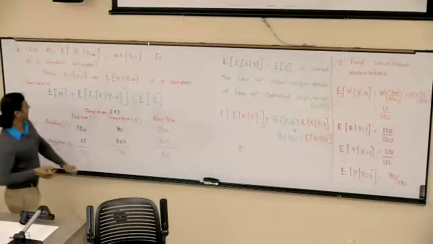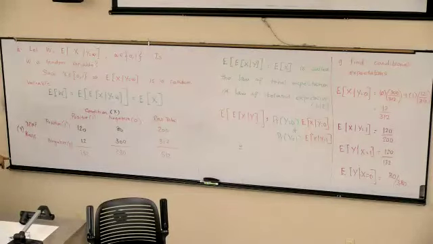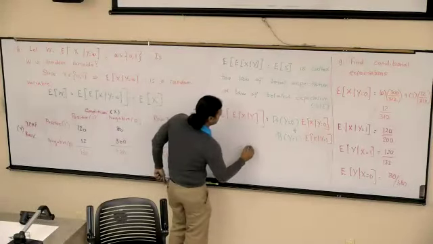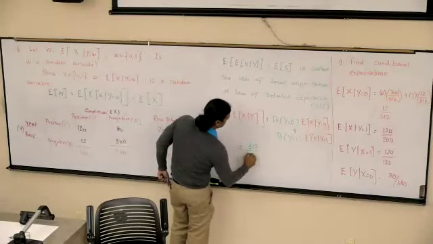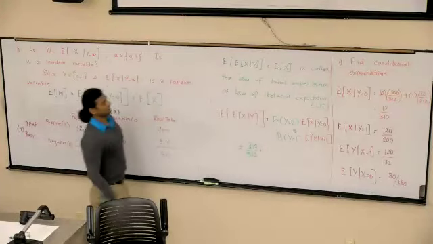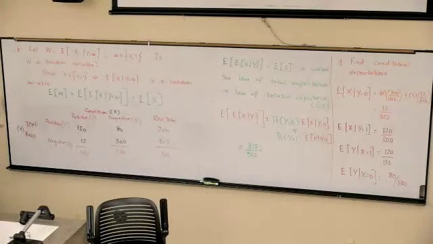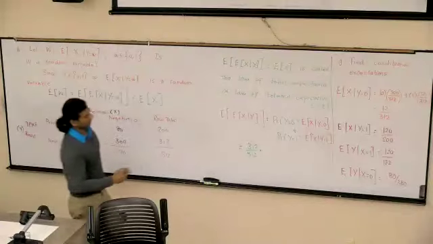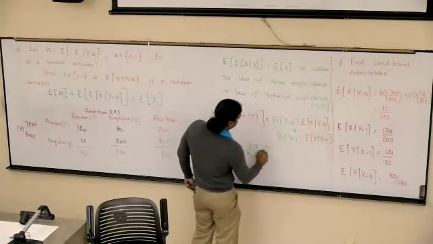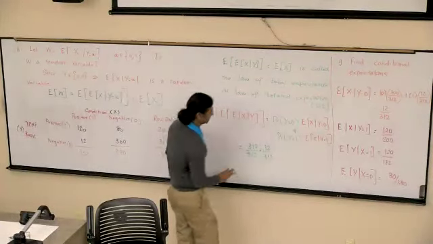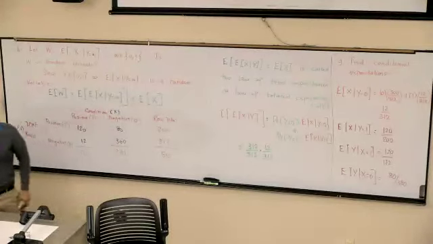Now, what is the probability of Y equals 0? From here, that would be 312 over 512, times the expectation of X given Y equals 0, which would be 12 over 312. Yes?